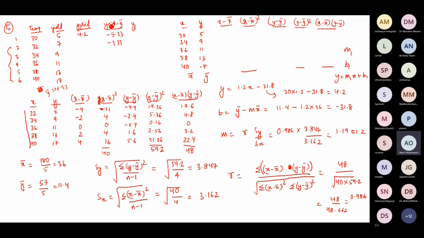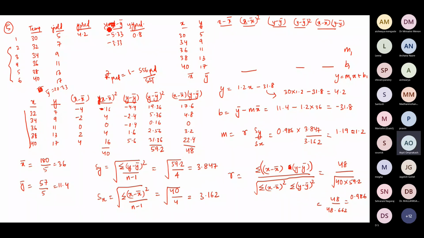Then you will calculate y minus y predicted. This is this minus this, so here it will be 0.8. After you get all these values, you need to calculate the R square predicted. The R square predicted is given as 1 minus SSE predicted by SST.